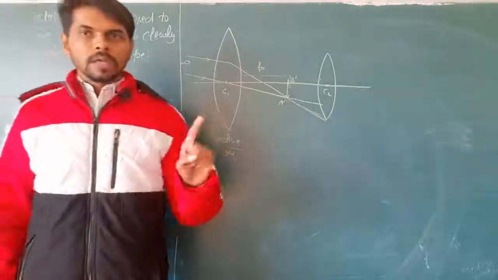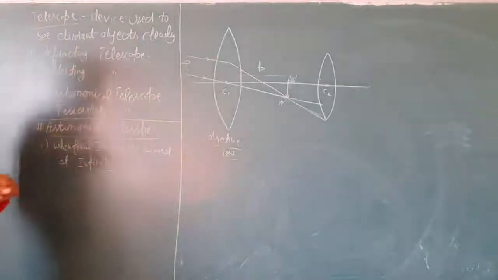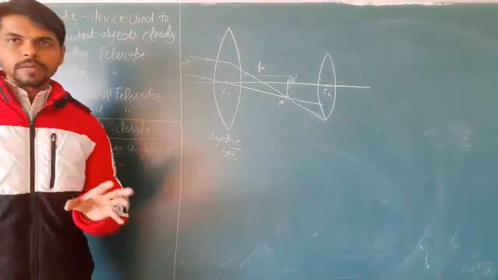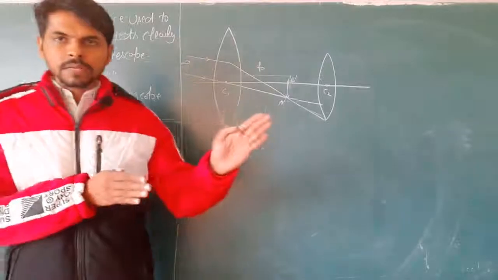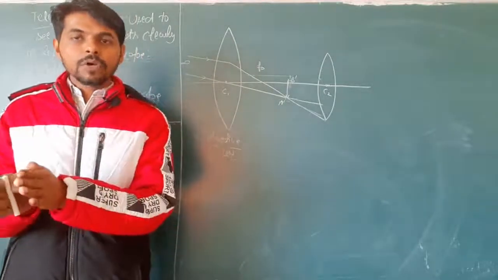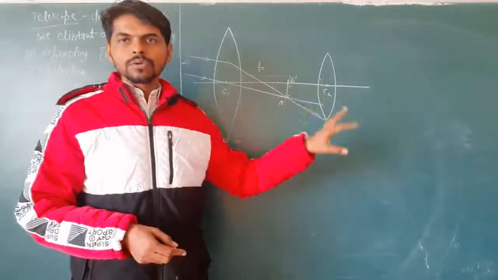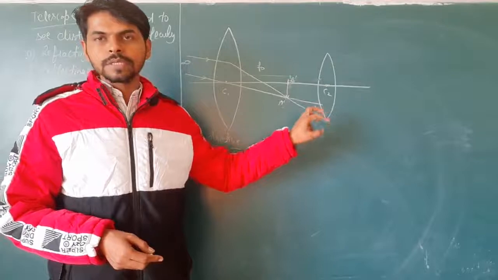So, if we want to form the final image at infinity, final image must be at infinity. When the object is at infinity, image will be at focus, and when the object will be at focus, image will be at infinity. So final image will be formed by the eye lens, so its object should be on the focus of this. It means FE.